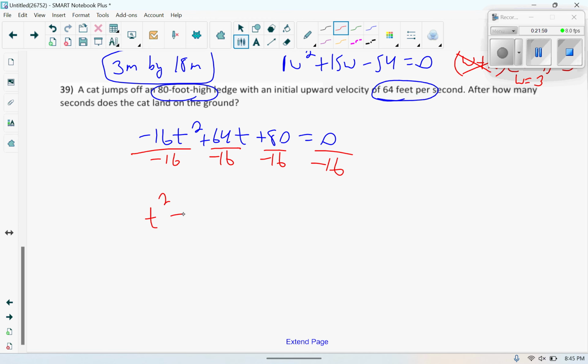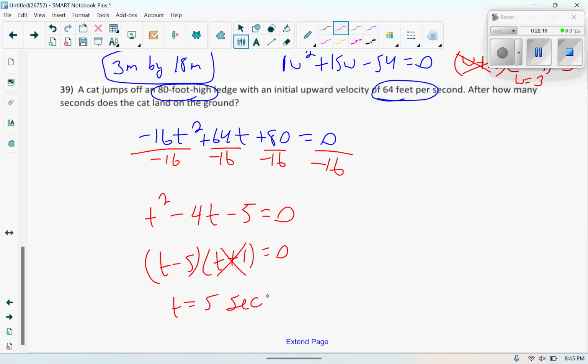So I have t squared minus 4t minus 5 is equal to 0. So t minus 5 and t plus 1 is equal to 0. Remember, I don't care about that. So t is equal to 5. Oh, that poor cat. It's going to take him 5 seconds to land on the ground. And that is it.